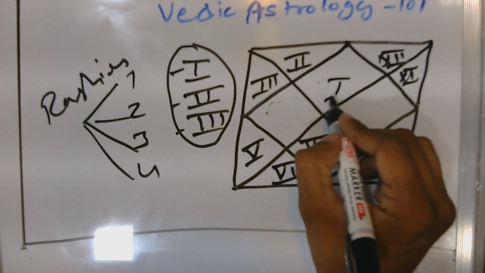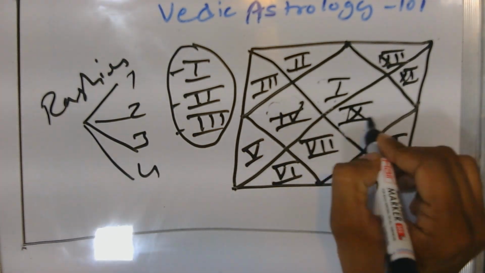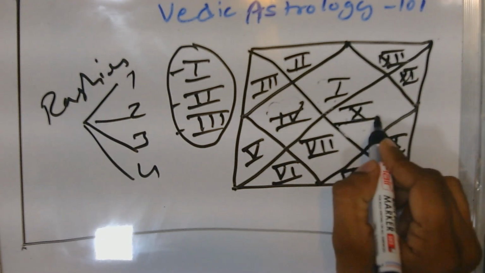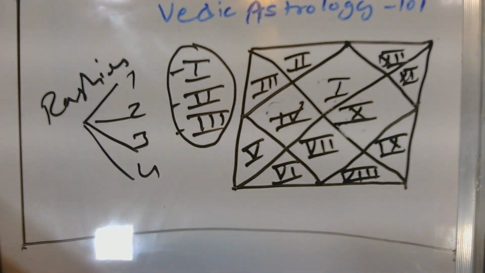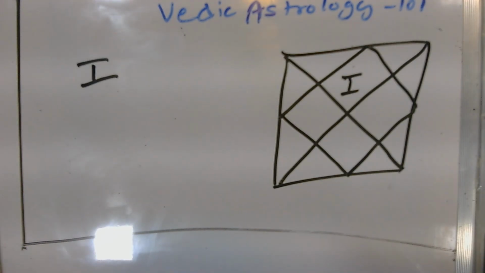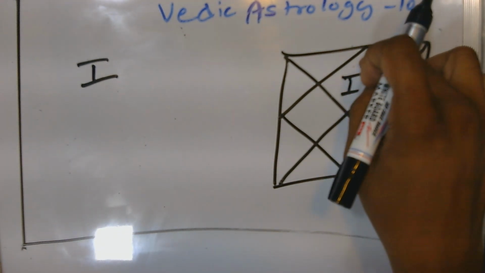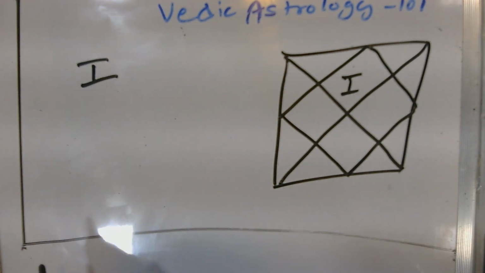Now we'll look into each house separately and understand what each house tells us about. So we'll start from the first house. The position of the first house in any horoscope is always going to be this. The position will always remain the same. Now, what does the first house tell us about?